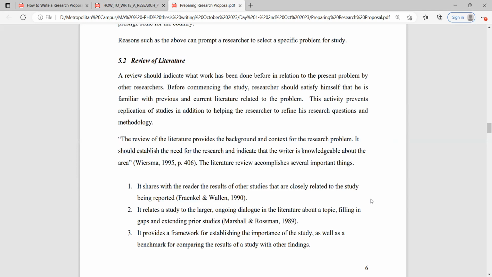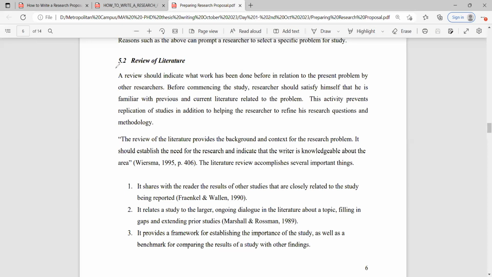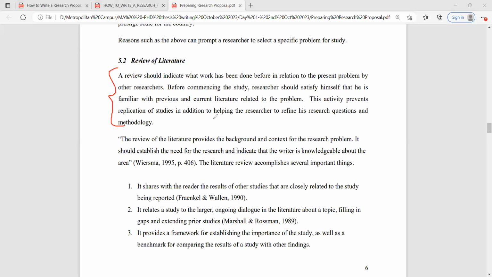Before commencing the study, the researcher should satisfy himself or herself that he or she is familiar with previous and current literature related to the problem. This is extremely important because you can't just do a research without a proper idea. After you have selected your title, through secondary information and other researchers' facts, you have to have a very clear picture.